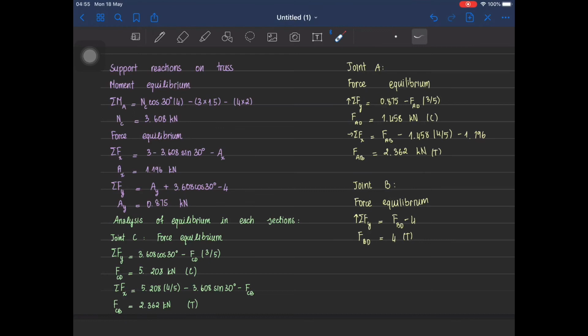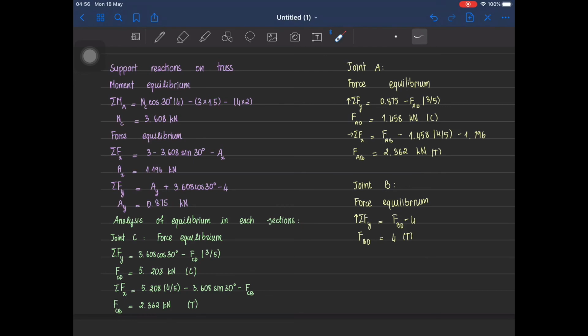If the joint is here and the force is pulling away from the joint, it is called tension. But if the force is going towards the joint, it is compressive. In some cases the free body diagram is drawn like this but the answer is minus. Therefore, you have to recheck it, and it must be a compressive force.